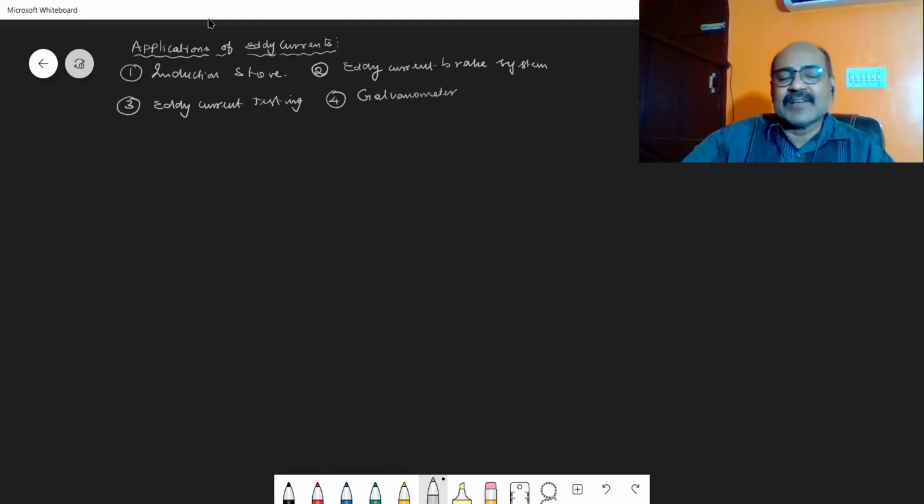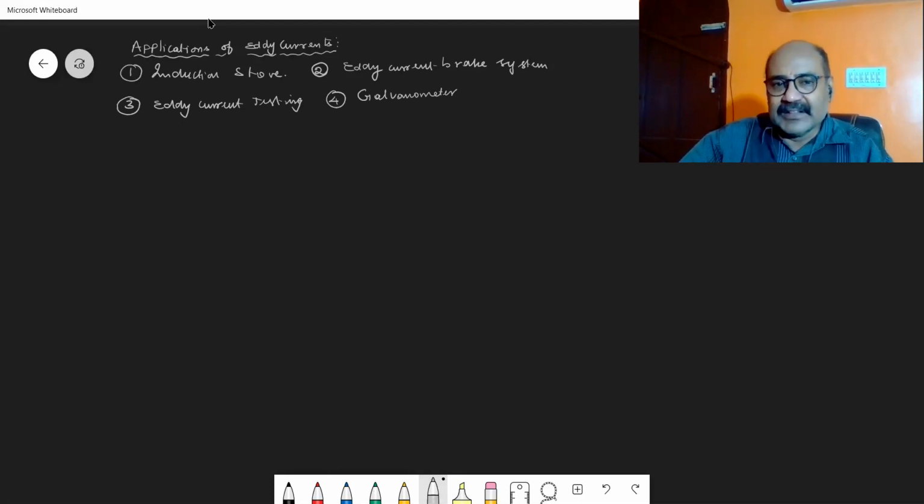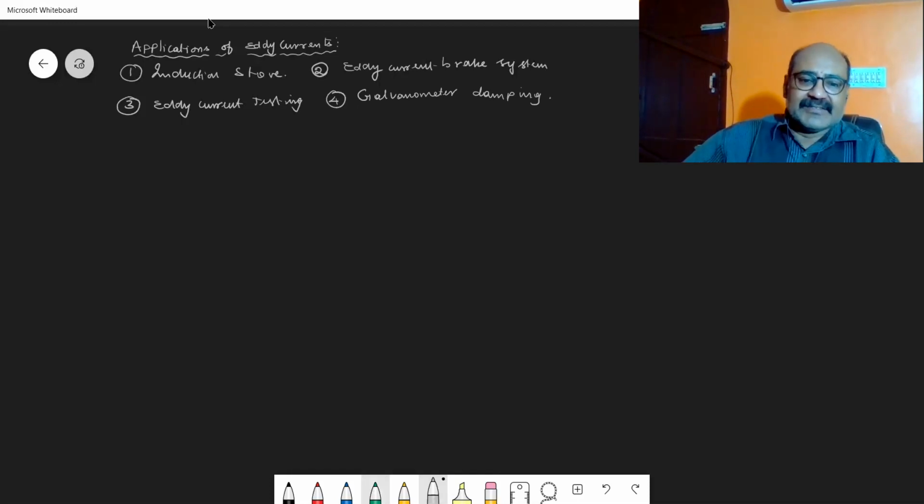We know a device called a galvanometer, which is used to indicate the flow of electrical current. To indicate the flow of electrical current, the needle should oscillate. The needle is connected to a cylinder which is oscillating. To bring the oscillating cylinder immediately to rest, we use the concept called galvanometer damping. So in our book, we discuss four applications.